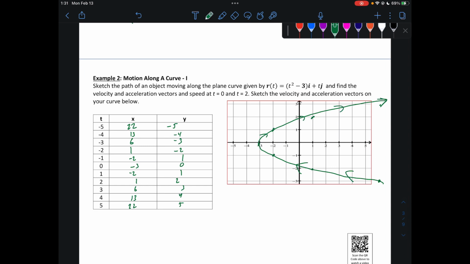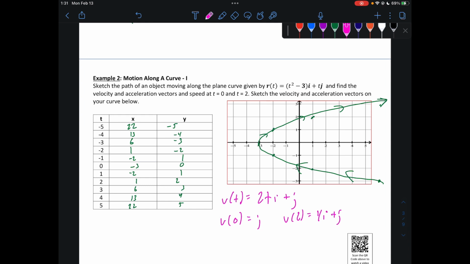Okay? So now, find the velocity. That would be 2t i plus j. So the velocity at 0 would be 0i plus j, and the velocity at 2 would be 4i plus j.